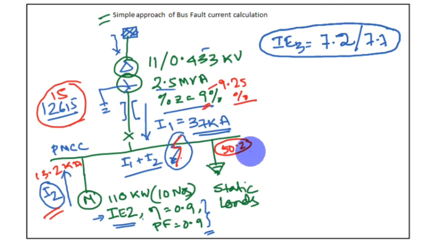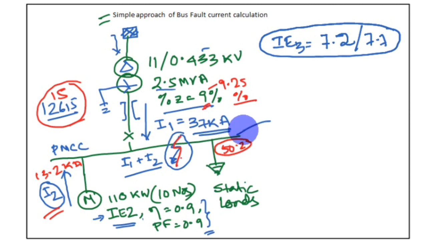Static load does not generate any fault current, so you have to check which will be your fault current generators. Motors, generators and transformers are the contributors for faults. In case your bus has these elements, you have to consider their fault current contribution while designing the bus.